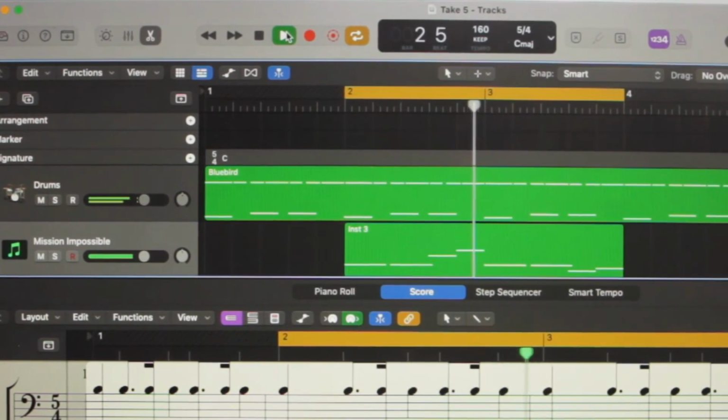I'm about to try something. I'm going to play the Mission Impossible theme song with the drum part of Take 5. Here we go. All right, that worked really well, so I'm going to do something else. Let's put them in the same key.